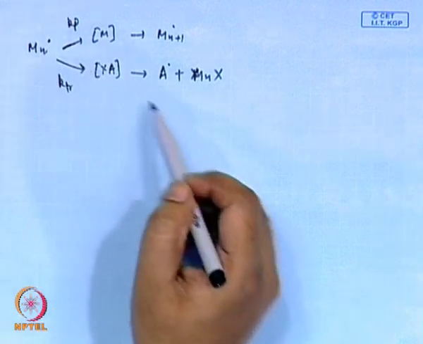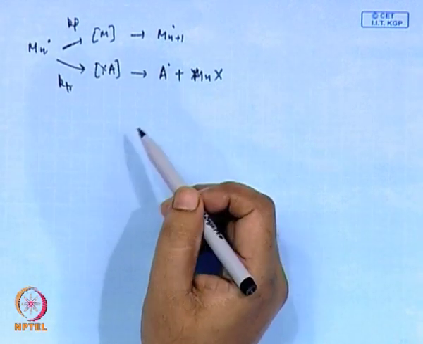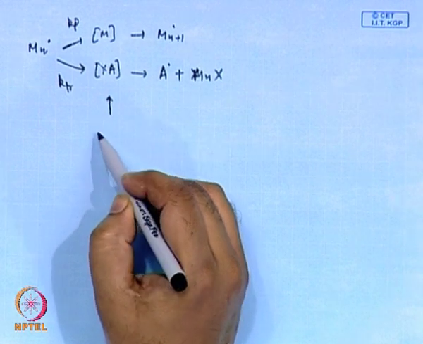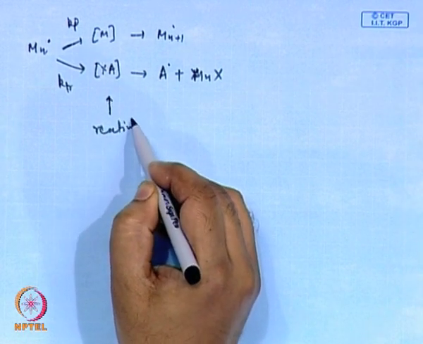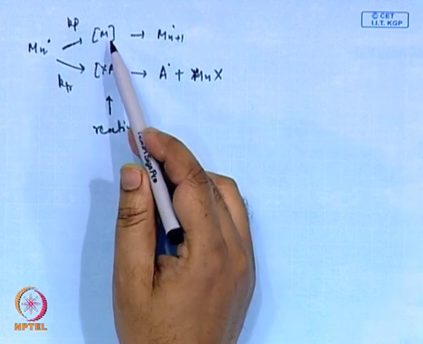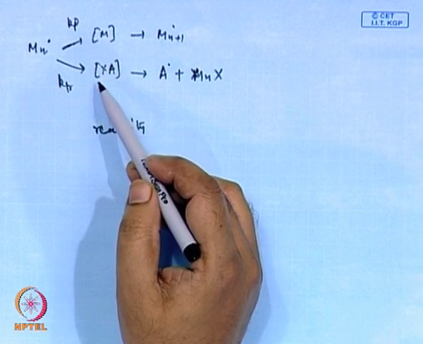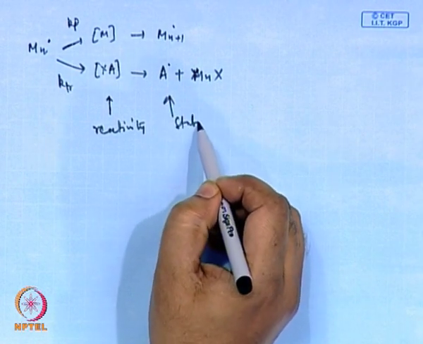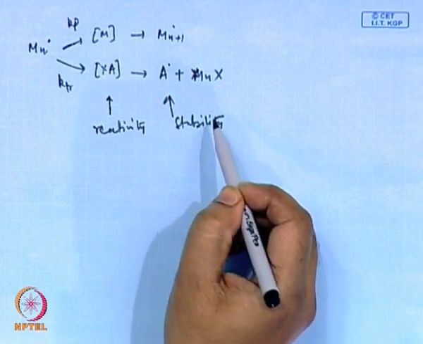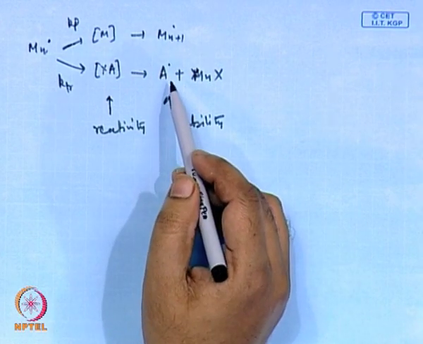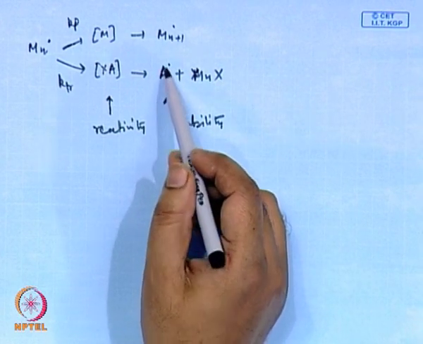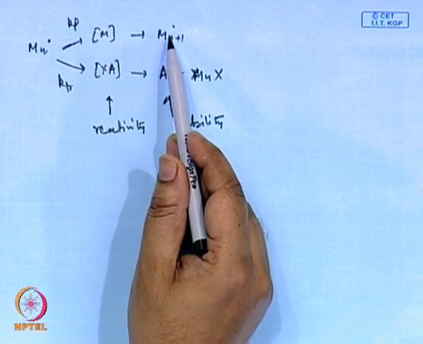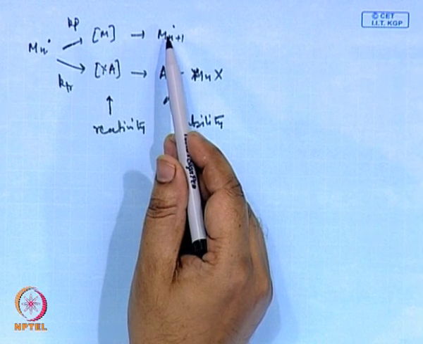Now, whether a chain transfer will happen, and to what extent, will be determined by the reactivity comparison between the monomer and the chain transfer agent or the solvent here, and also the stability of this Mn dot or A dot. If it is more stable, then this reaction will dominate over the original propagating reaction.